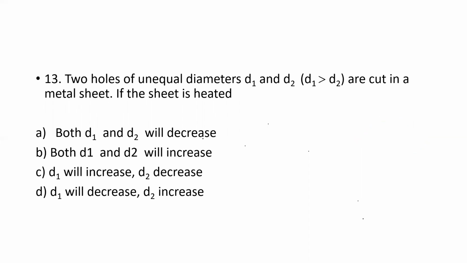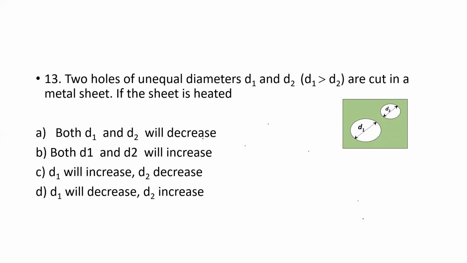Then the next question, and here also you can see the figure. Two holes of unequal diameters D1 and D2 are cut in a metal sheet. If the sheet is heated, what happens?